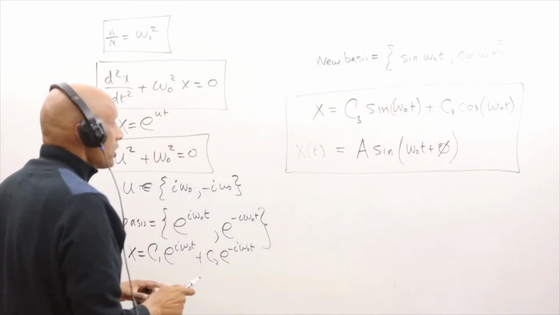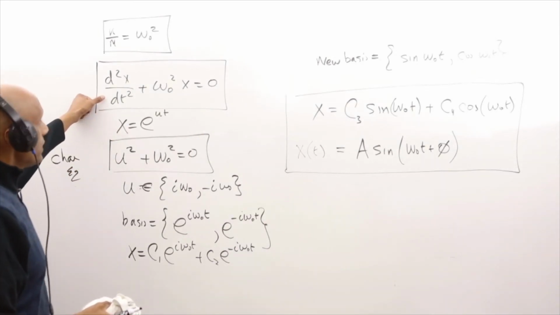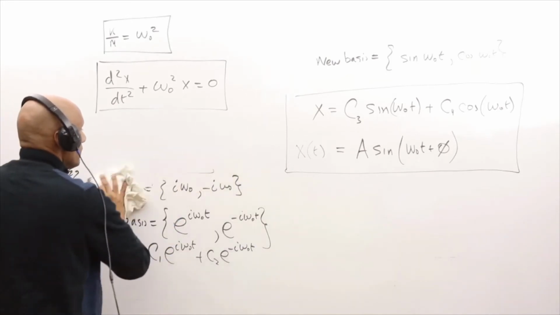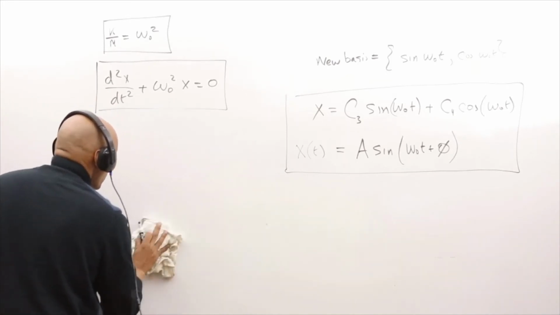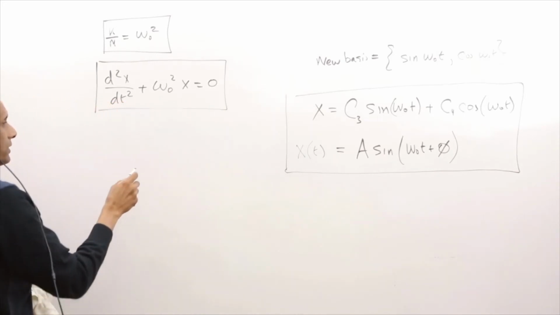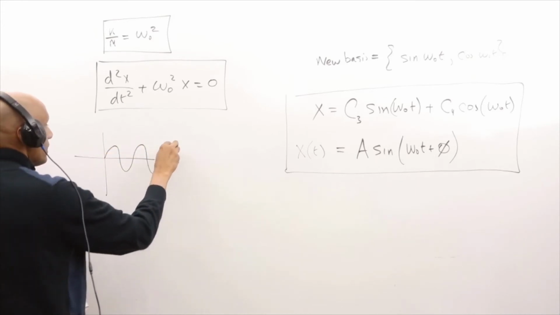Once we have this general solution of this second order differential equation with no dissipation in the system, we can now ask ourselves, what does this really mean? So what is omega_0? I know this sine function means that it is some kind of a system that's periodic.